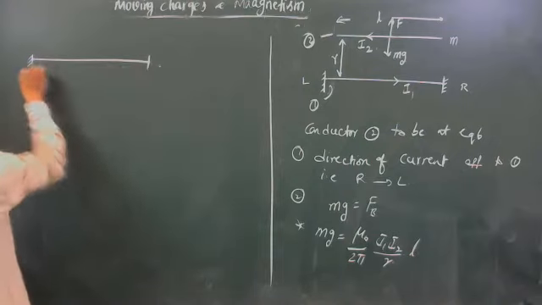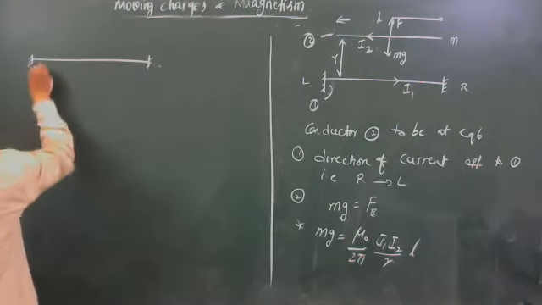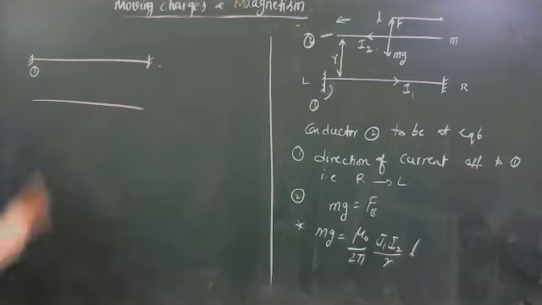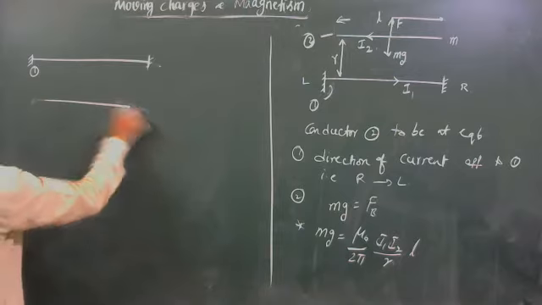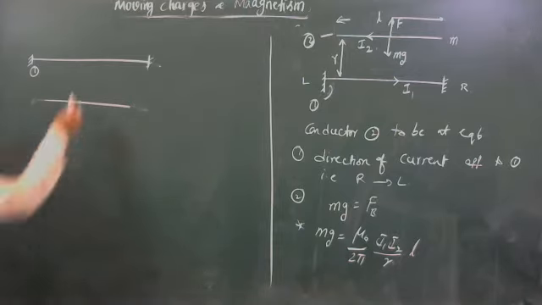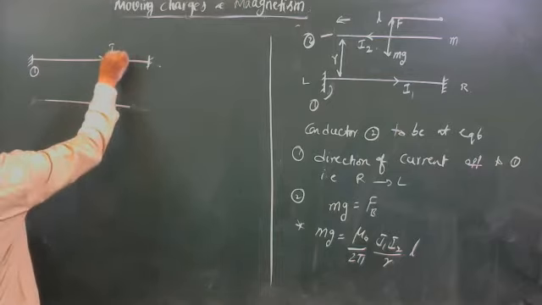This is a fixed conductor, the first conductor. Another conductor is here now, below it. Let the current flowing in this be I1.